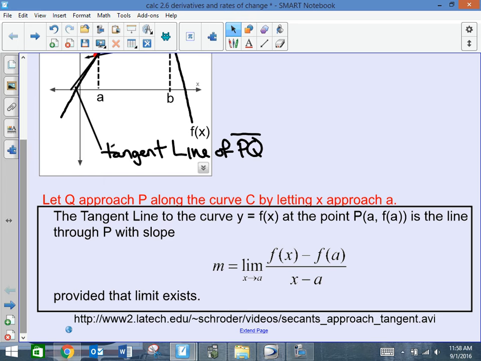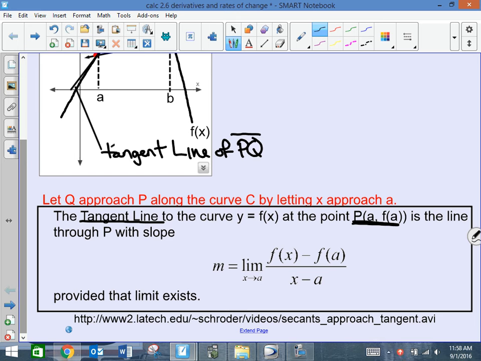So the tangent line at the point A, f of A, which is now simultaneous with P and Q being the same point, is this limit equation. Okay? All right, now that is the reason we did that, so we can now talk about a tangent line. And again, a tangent line is important in the calculus world. Okay? You will see that as we go on, but that's why we wanted to do that.